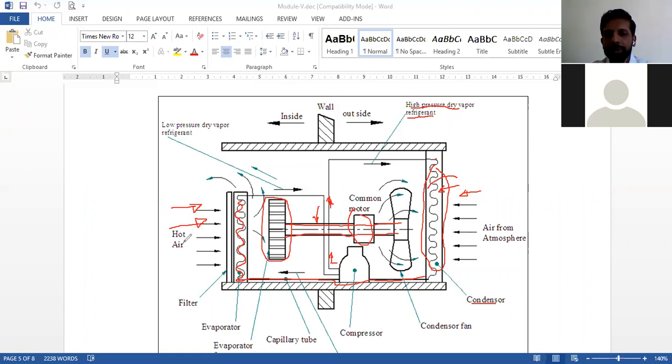So this is going to draw the air inside the AC unit, and on the other end, what is happening? This particular fan is going to blow the air outside, right? So there is more heat exchange taking place between the system and the condenser units. So this is how the air conditioning system works.